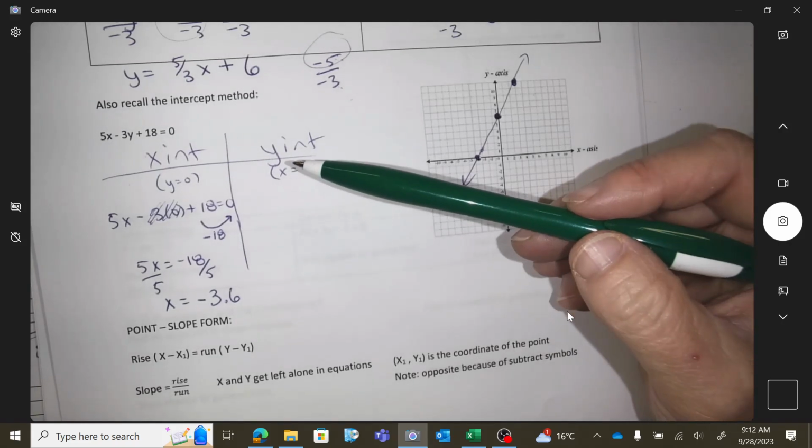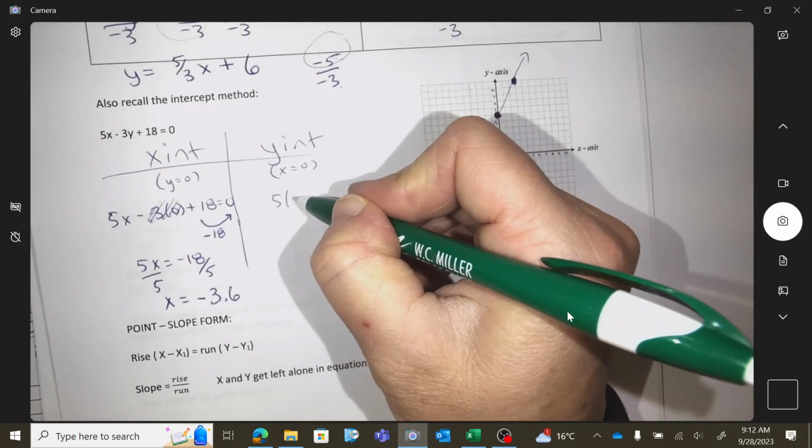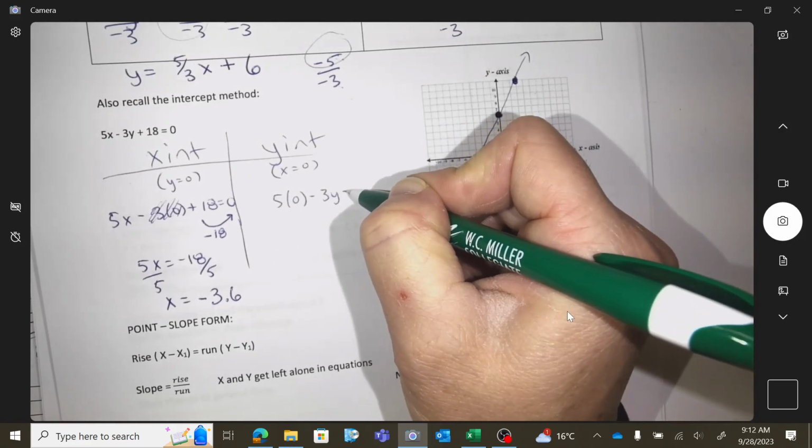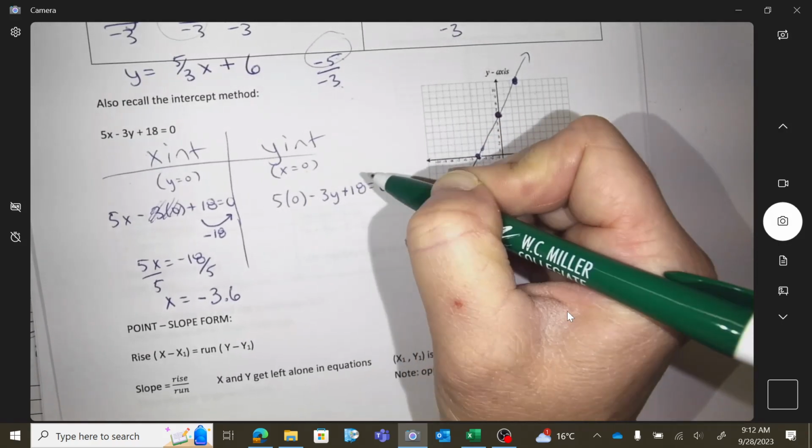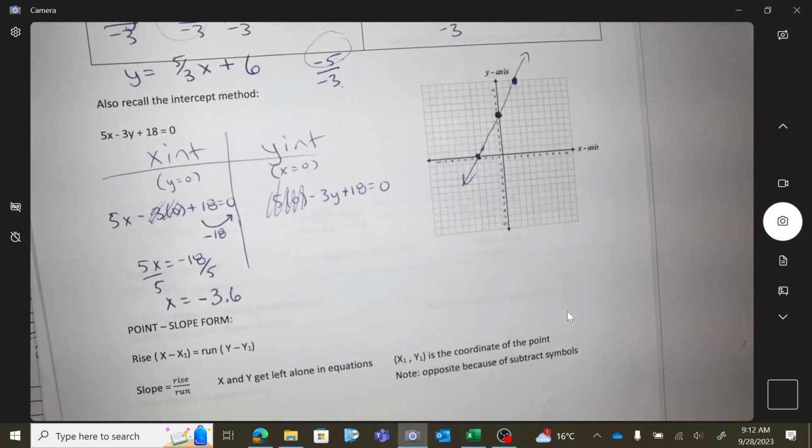And then the y-intercept means there's no x this time. So algebra: move, divide. That's always your algebra stuff, move, divide.